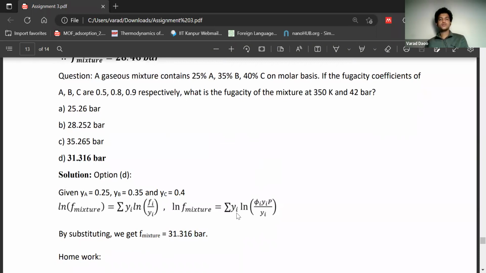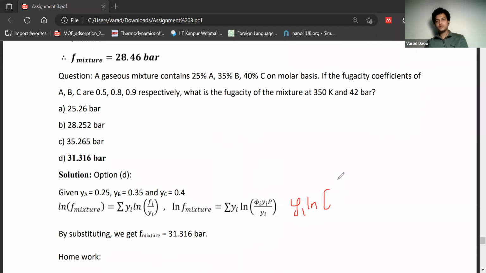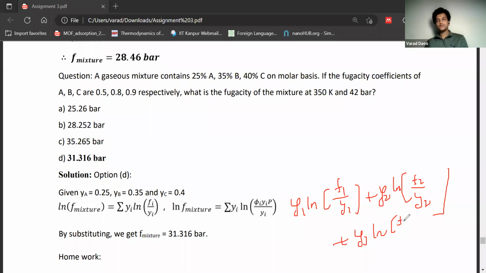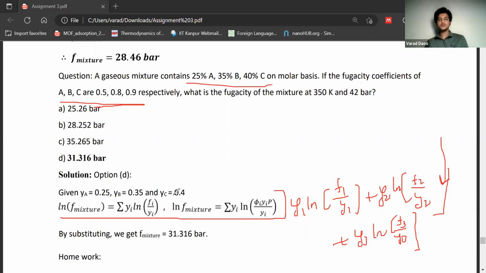It is y1 ln of f1 by y1 plus y2 ln of f2 by y2 plus y3 ln of f3 by y3. The expression has been given, each value has been given, you just put in the values using these expressions, eliminate the unknowns, and you'll be able to get the final value as this.